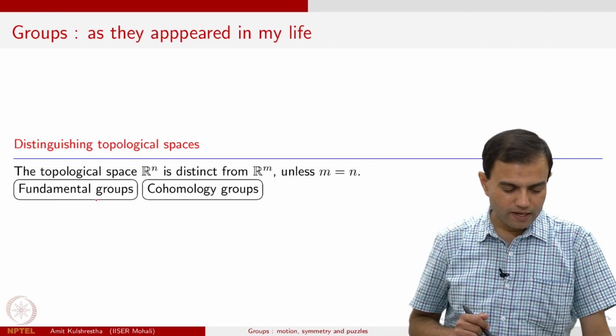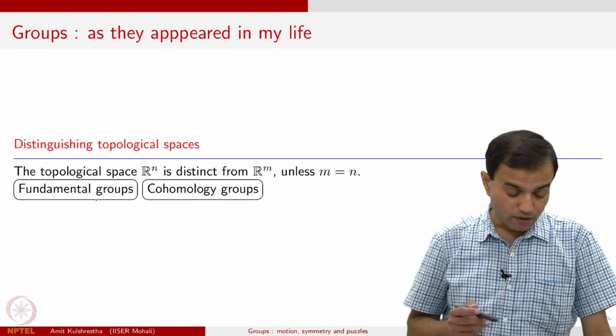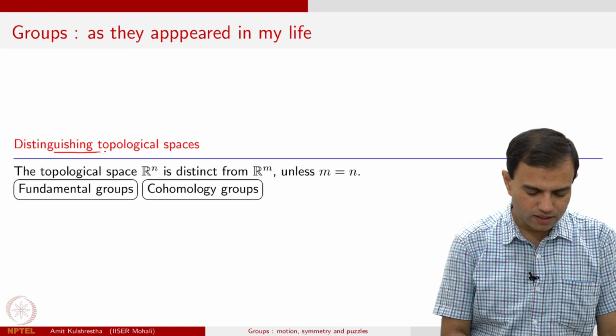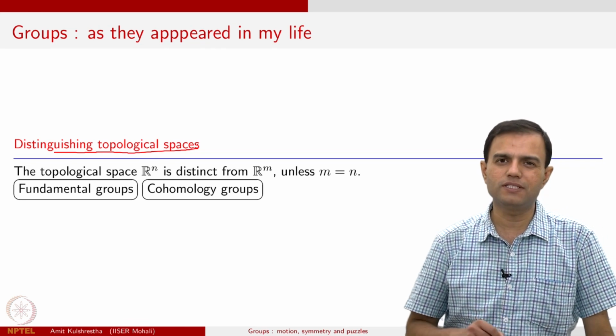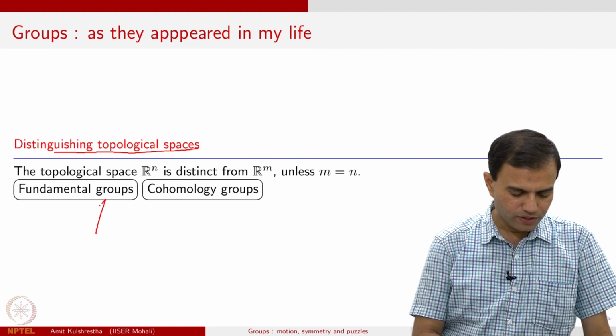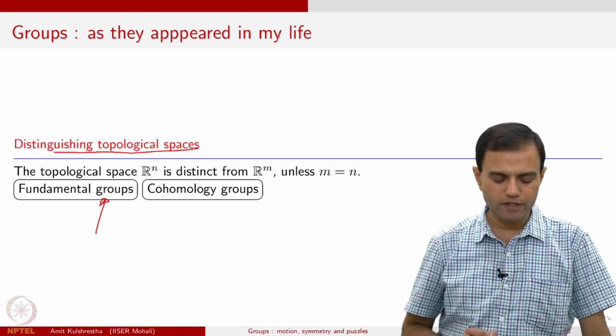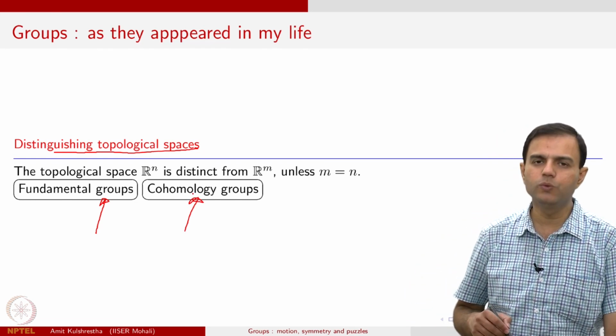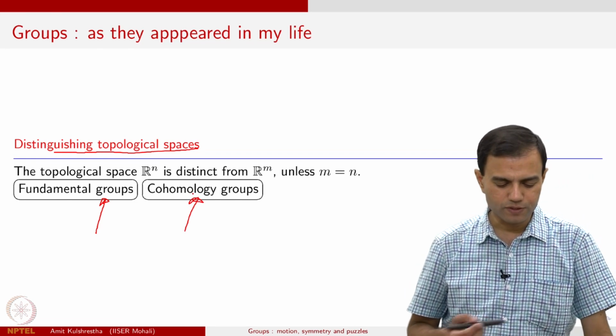At a much higher level, groups are also there. One very important use of groups is in distinguishing topological spaces. It is just an example I am mentioning. In topology there is something called the fundamental group, and there are certain cohomology groups which can be used to distinguish various topological spaces.